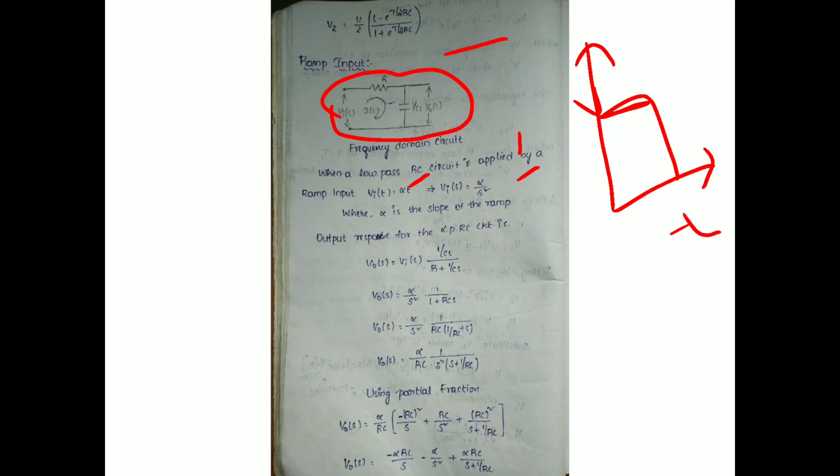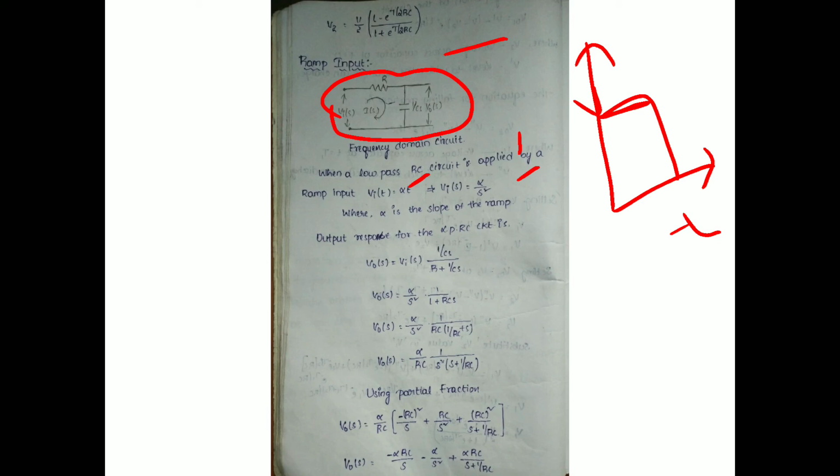V naught of s is equal to Va of s into 1 by Cs by R plus 1 by Cs. V naught of s is equal to alpha by s square into 1 by 1 plus RCs. This expression can be written as V naught of s is equal to alpha by s square into 1 by RC times 1 by RC plus s.